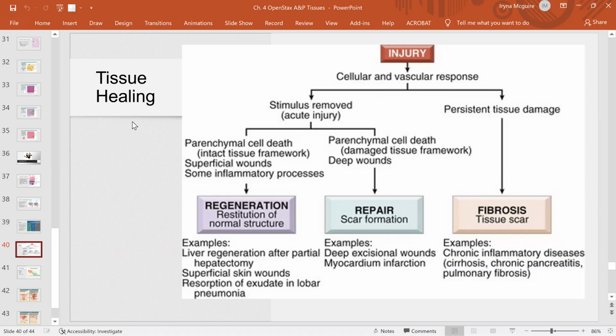And how does tissue heal itself? It can be done by regeneration, which is restitution of normal structure and function, or by fibrosis, when the tissue framework is replaced by scar tissue, and then it will result in a loss of some functions.